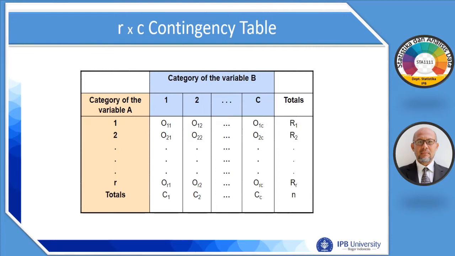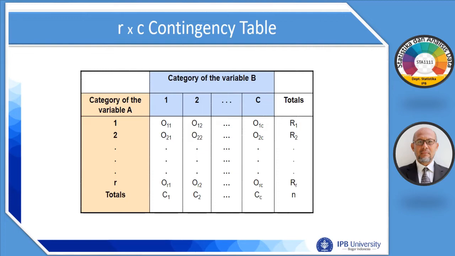So look at the total of the column on the right side. This is the total, meaning O11 plus O12 until O1C, and then we give a symbol R1, that means row 1, the total for row 1, followed by the totals R2 until RR.